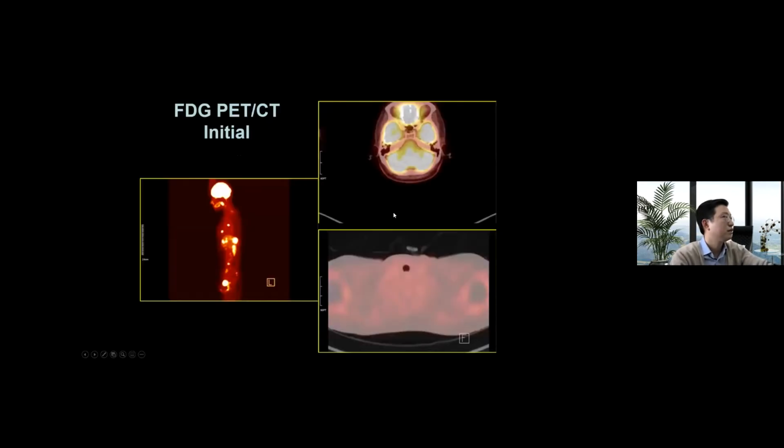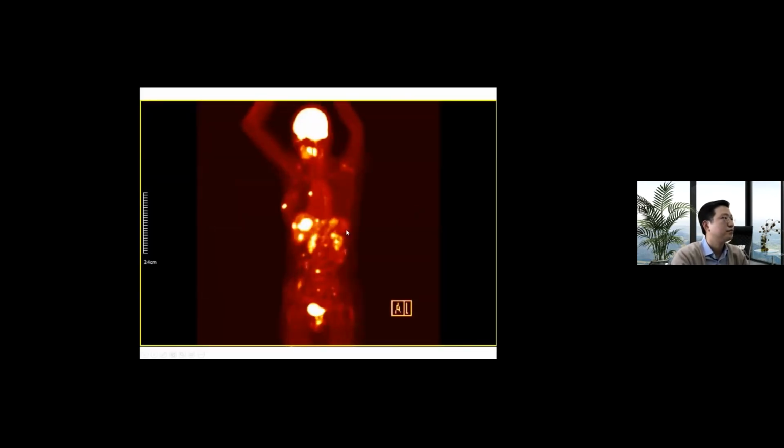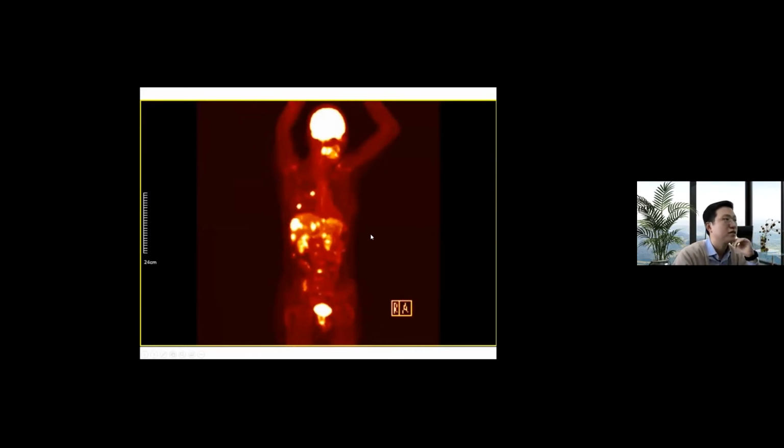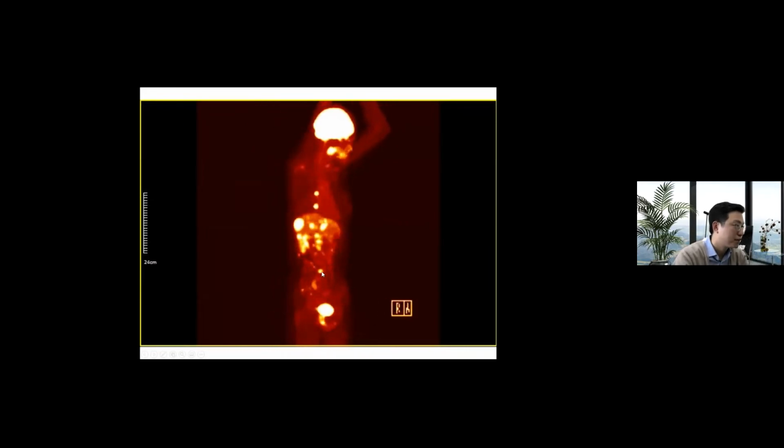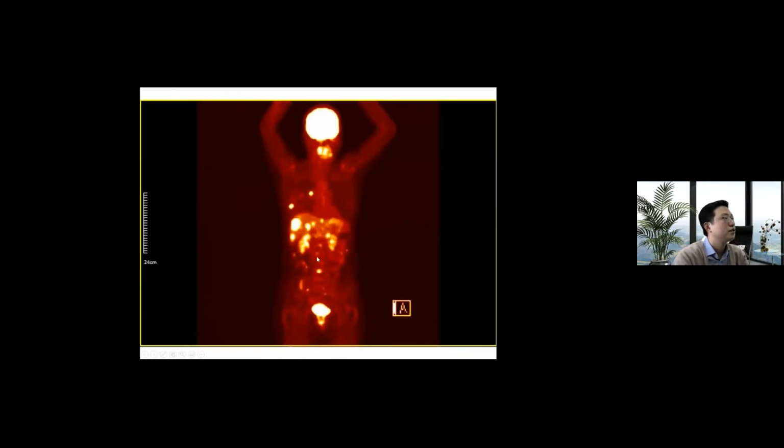And then the next case. This patient has multiple pathologic lesions on the scan. This patient could have right breast cancer with multiple metastases in lung and potentially bones.